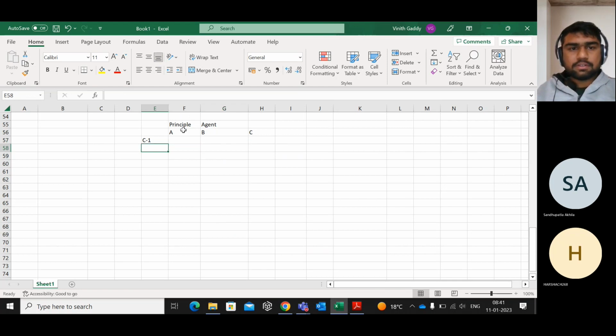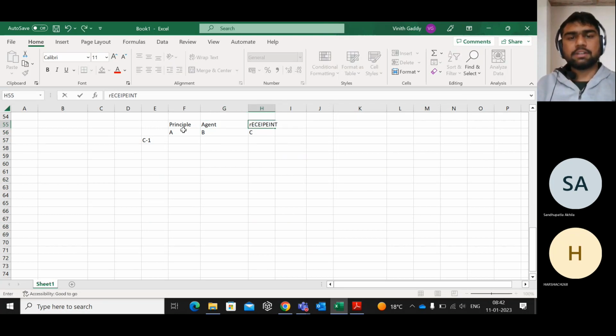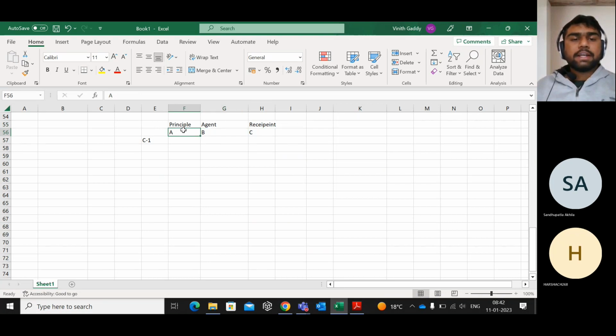First I will say this. A is a pure agent. A is there, B is there, C is there. C is the recipient, the ultimate consumer. What A is doing is selling to B. What will B do? B will arrange one person for selling goods of A. What happens is A is directly billing to C. A is the principal, B is the agent, C is the recipient. What is the duty of B?